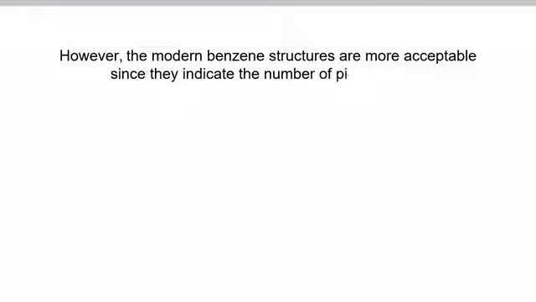So the structure is somewhere between the two extremes. However, the modern benzene structures are more acceptable since they indicate the number of pi electrons.